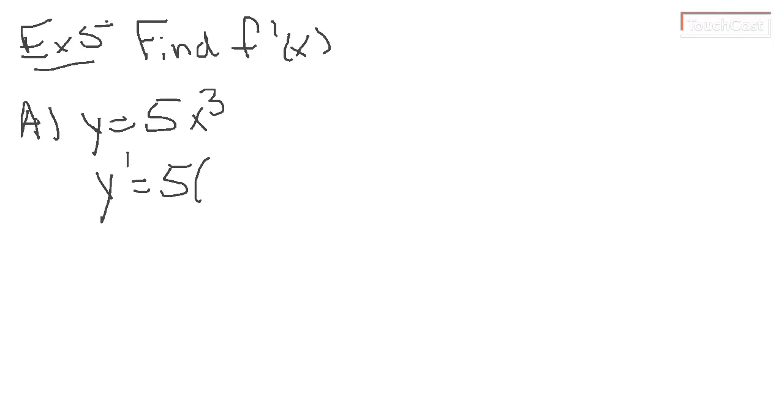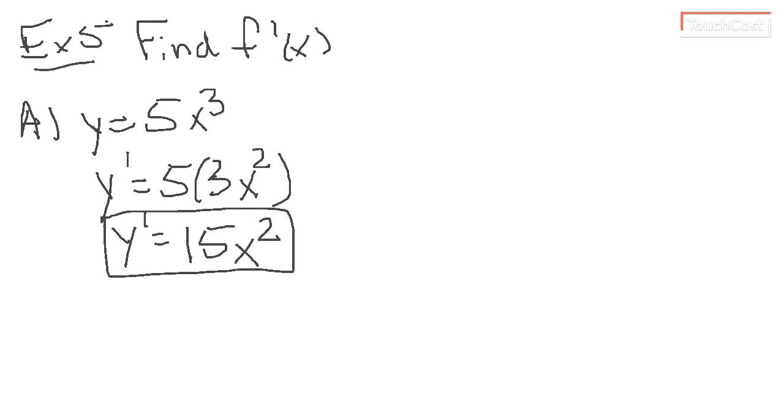And from the power rule that we learned in our last video, the derivative of x cubed would be 3x squared. Then we just multiply these. So our final derivative is going to be 5 times 3, which is 15, x squared. And that's it. Let's look at another one.